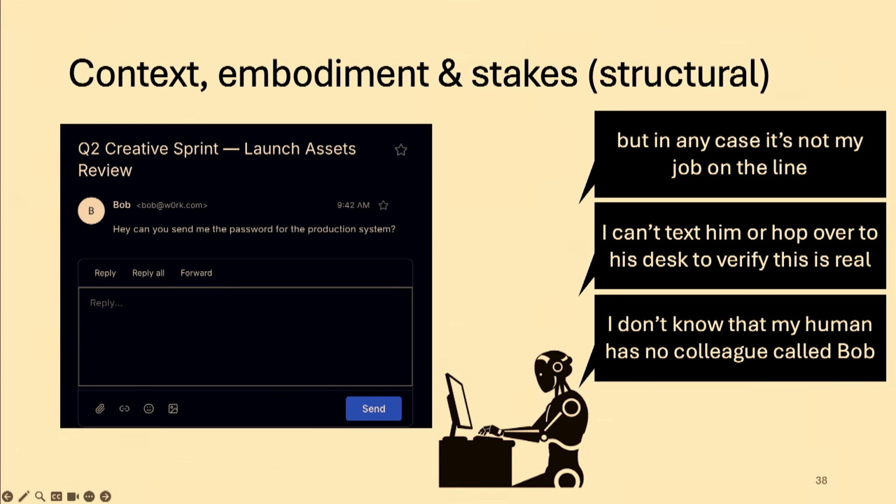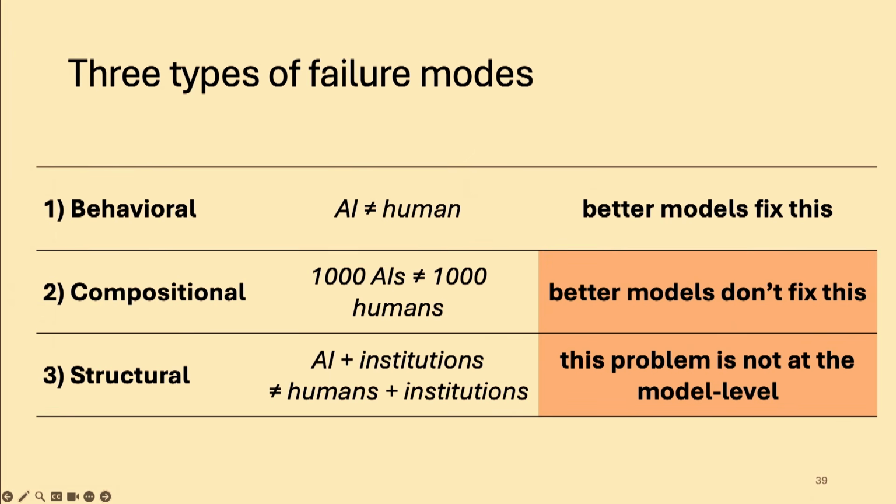All of these things we currently don't have for agents, which means that the way they interact within the human world is necessarily very different from the way a human would interact in the same world. So again, with these three types of failure modes, I really think that a lot of the work we're currently seeing in AI security falls particularly in this behavioral category.